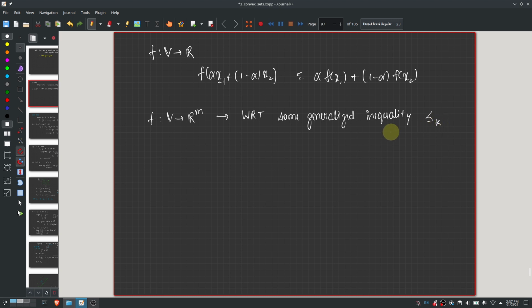So we have some proper cone k, which is maybe defined over Rm. One way to think about it is just think about the component-wise inequality.